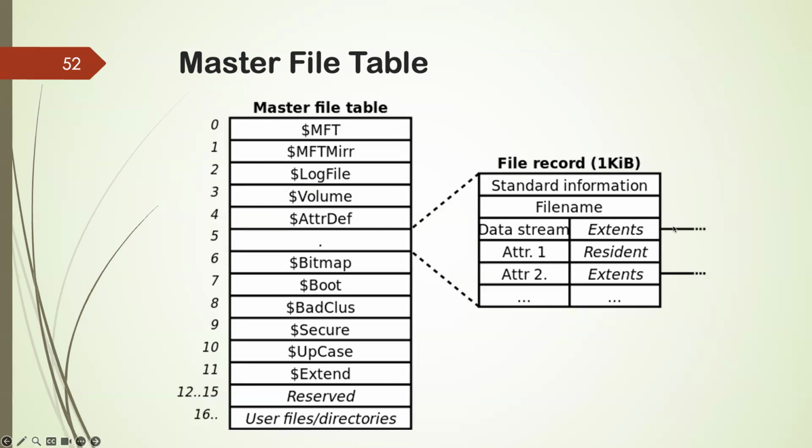This shows you the resident and non-resident attributes. Standard information and file name are resident attributes, and data streams and some other attributes can be non-resident or extent attributes. Their pointers are stored in this particular MFT record, and the content will reside on some clusters outside in your hard drive.